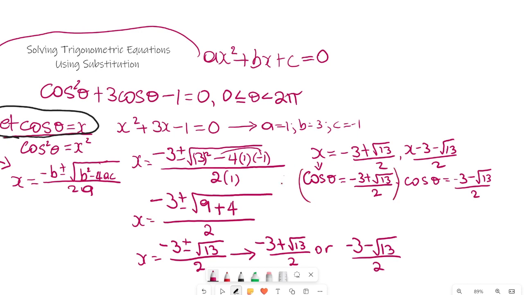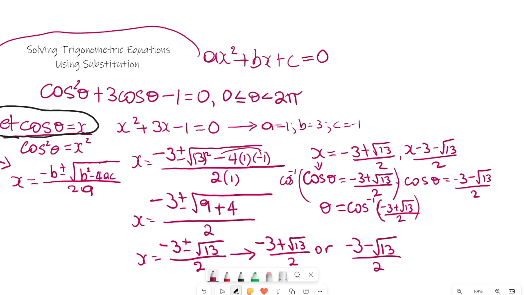We're doing cosine inverse. So here, the cosine inverse would cancel, and so you'll just have theta is equal to cosine inverse of this whole thing, negative 3 plus the square root of 13 divided by 2.